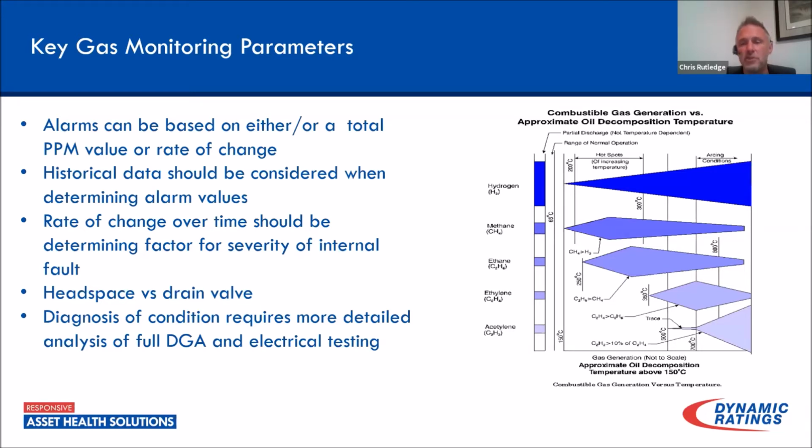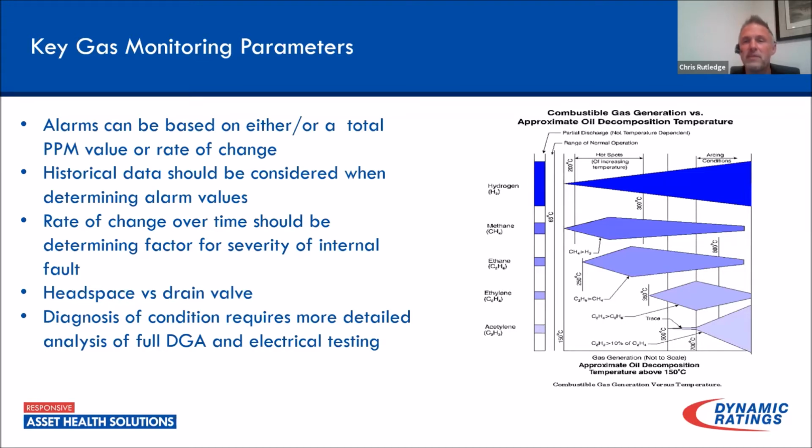As hydrogen is generated in the oil, it quickly moves to your gas space. If you do not have a well-sealed transformer, you don't really achieve that equilibrium between the headspace and the oil. Therefore, I've seen a lot of instances where you'll take DGA samples and see a lot of ethylene, some of your higher temperature gases produced, and very low hydrogen values.